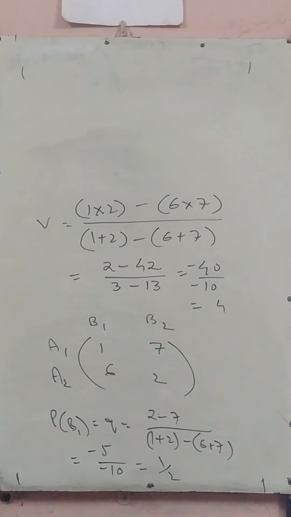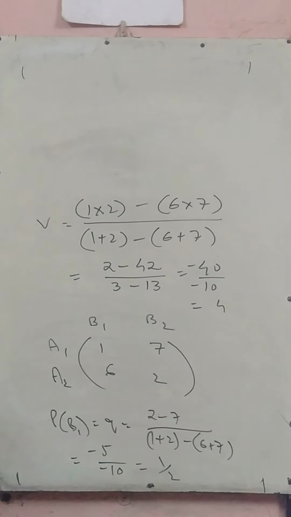What is the final answer to the game? Even if it is not mentioned, apply the dominance principle, but first check the saddle point. If there is a saddle point, the answer is easy. I don't think questions will be given where a saddle point exists. That means a mixed game will be given. When the game is a mixed game, we start by checking whether it is 2 cross 2.